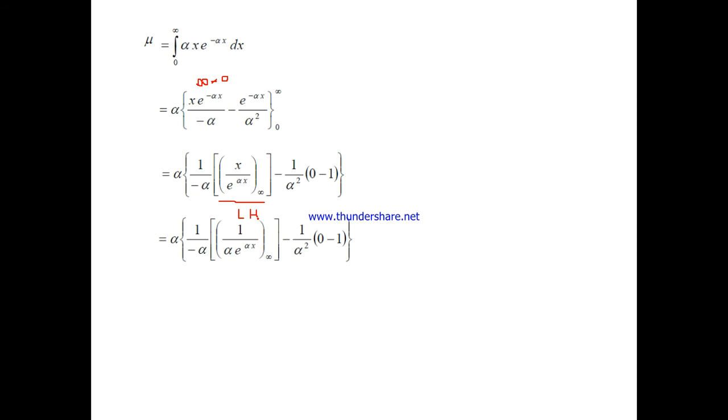Apply the limits to this. Here e power infinity is infinity. 1 by infinity, this gives us 0. And second term, minus into minus is plus, which is 1 by alpha square. Is that okay?